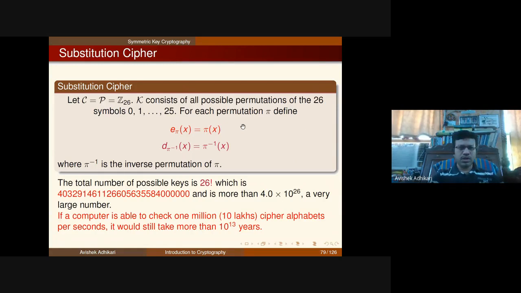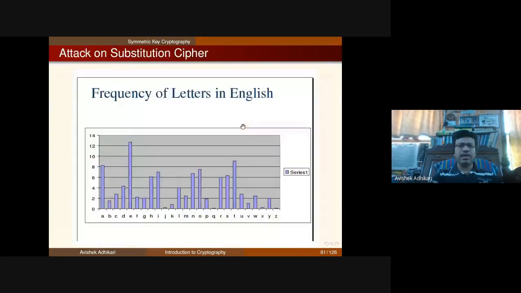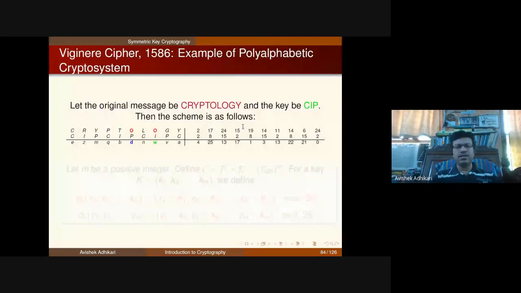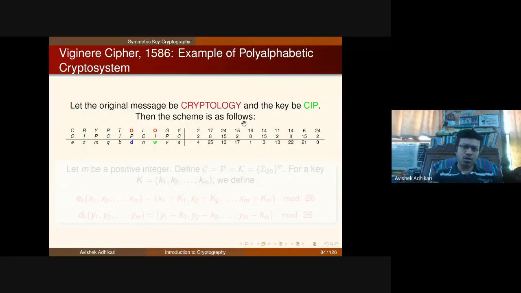So if there could be a change, that sometimes A will go to D, sometimes A will go to F, depending on the situation, then the scheme could be considered more secure because you cannot have frequency analysis on that. So based on that, a scheme came up. This is known as the Vigenere cipher. This is an example of a polyalphabetic, not monoalphabetic, cipher.